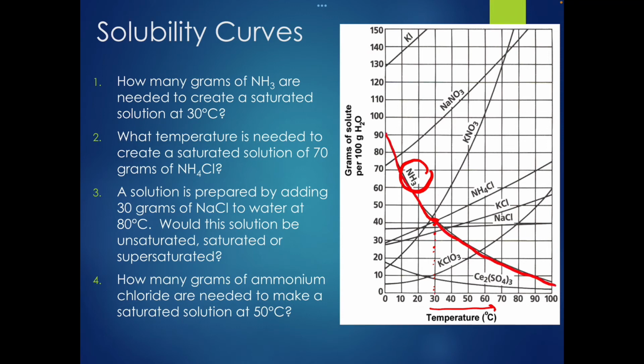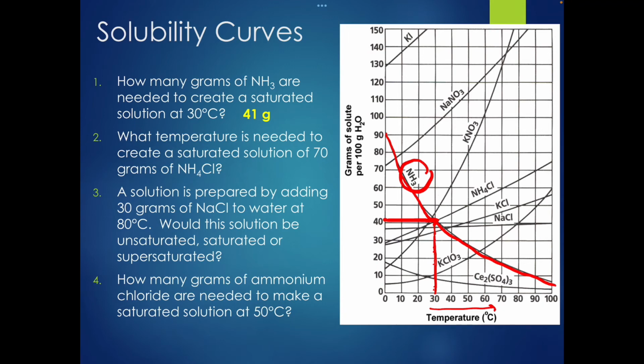We want to figure out how much ammonia we can dissolve at 30 degrees Celsius, so we go over here and see where that intersects. Looks about 41 grams. If it's on the line, then that's the amount that makes a saturated solution. Anything below the line would be unsaturated. Anything above the line would be a supersaturated solution, but again, like I told you, that's a rare occurrence.